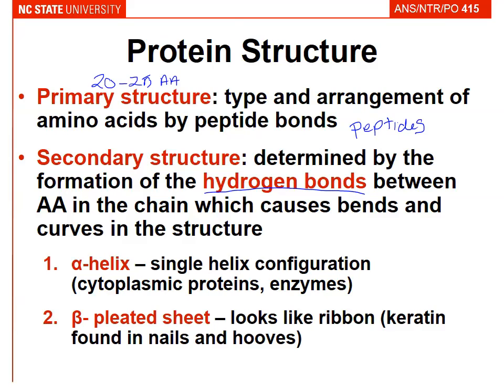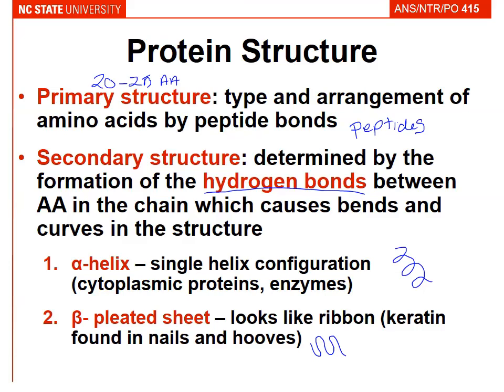And we have 2 different types of secondary structure. We have our alpha helix, which is going to be more in our globular proteins, and then we have our beta pleated sheet. Our alpha helix is spiral looking, and our beta pleated sheet is more like an S curve.